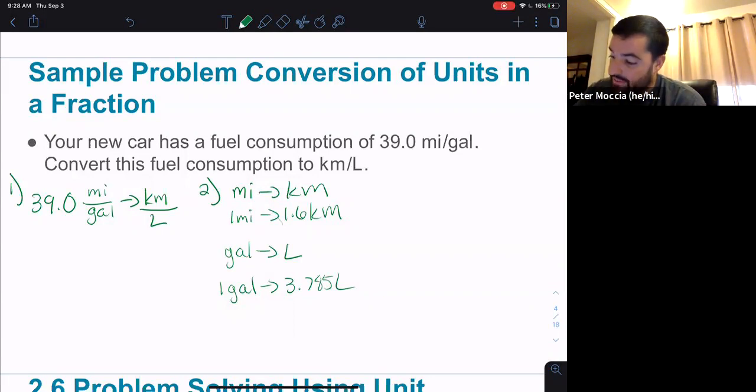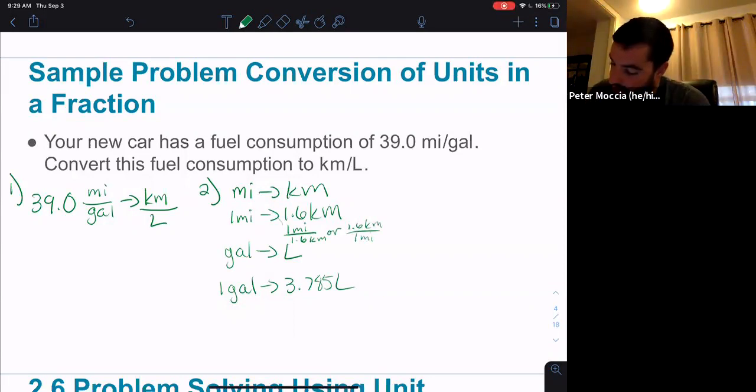Okay, so now we're going to set up our conversion factors. So if in 1 mile there's 1.6 kilometers, that can be written as 1 mile over 1.6 km, or 1.6 km over 1 mile. And for 1 gallon, there's 3.785 liters, we can write that as 1 gallon over 3.785 liters, or 3.785 liters over 1 gallon.